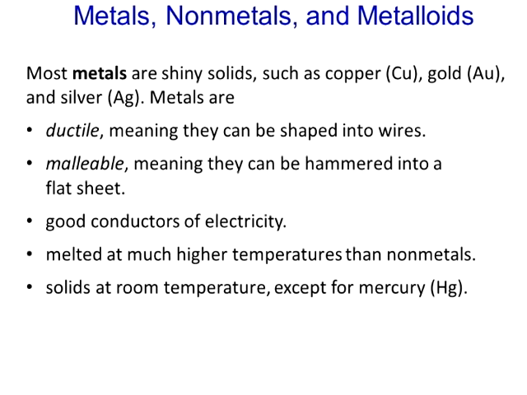They're good conductors of electricity, which makes them very useful for electrical wiring. You can melt a metal at a much higher temperature than a nonmetal, so you need a lot of heat to melt metals.